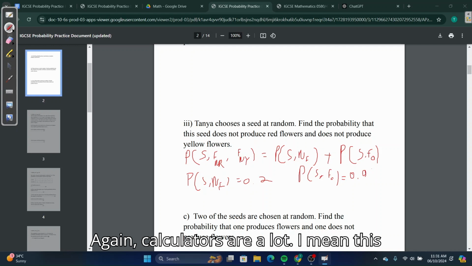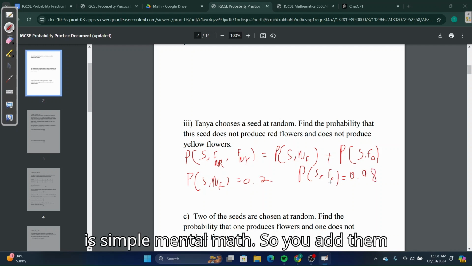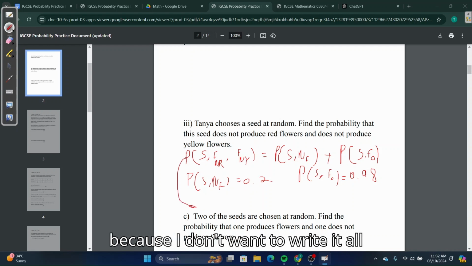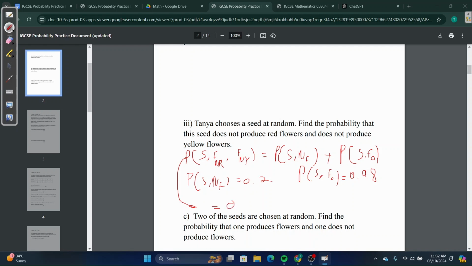Again, calculators are allowed, but this is simple mental math. So you add them. P of S equals 0.2 plus 0.08, which equals 0.28.